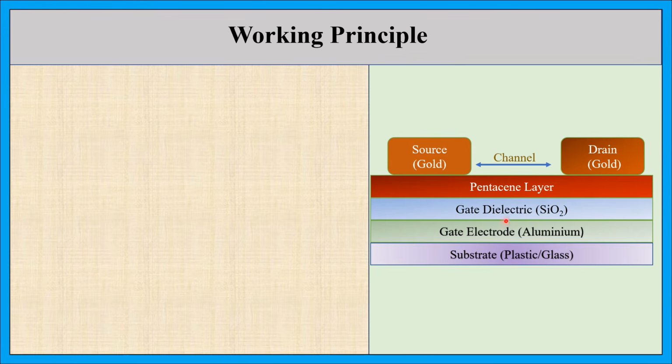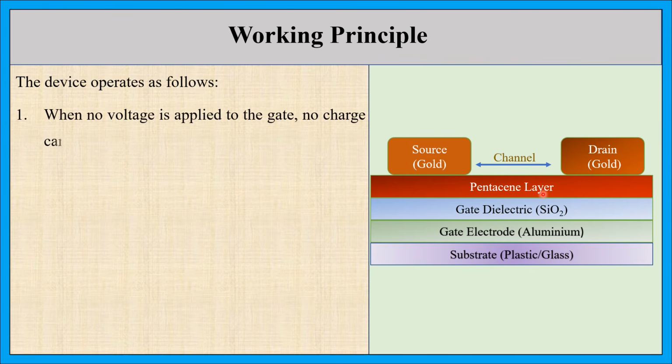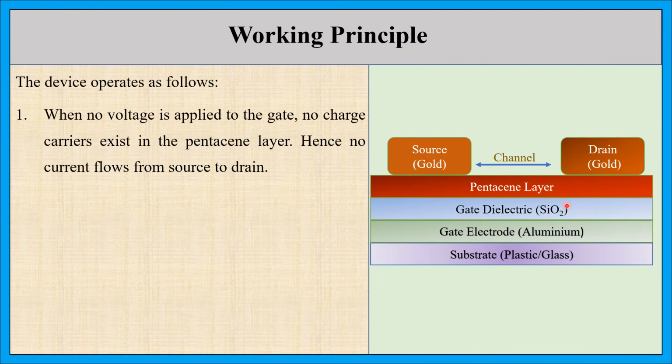And the gate voltage controls the current flowing through the pentacene layer. So when the gate voltage is 0, then there will be no charge carriers in the pentacene layer. Therefore, the pentacene layer does not conduct electricity. So we can say no current flows from the source to drain when the voltage is 0.